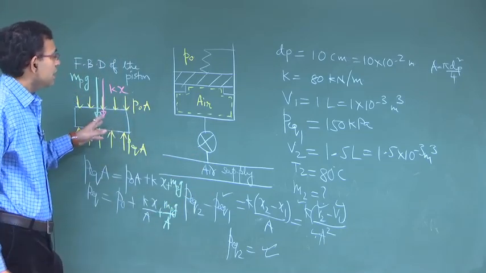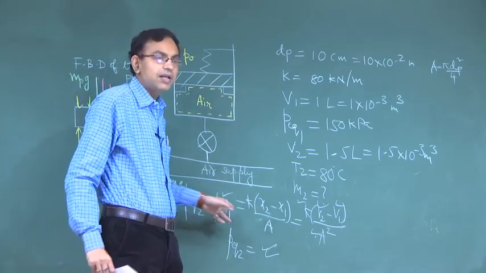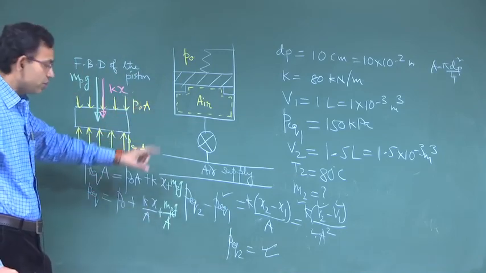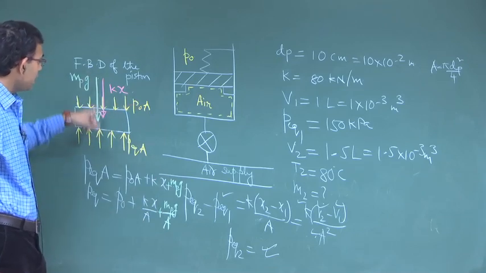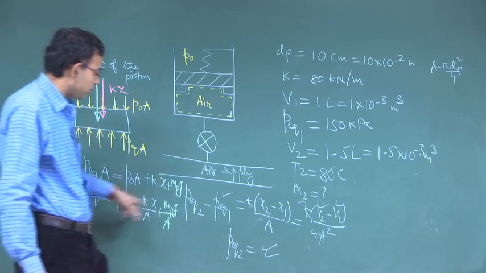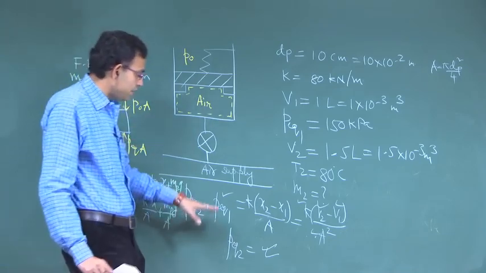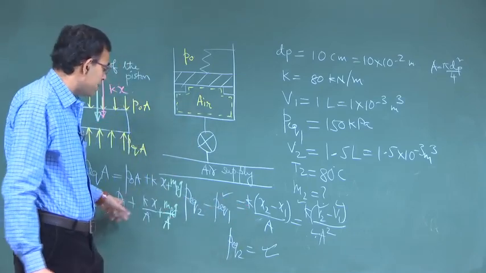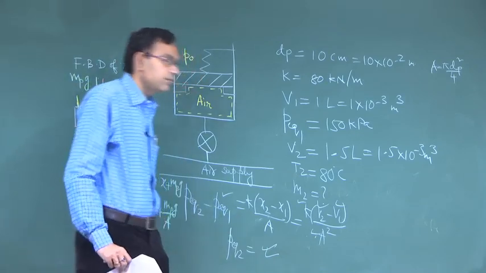Whatever is the weight of the piston, it will not matter if you find the difference in pressure. Ideally you are correct, you should consider the weight of the piston. Somehow I omitted that in the free body diagram, but it is very easy and straightforward to include the weight of the piston. So, if you include the weight of the piston, you have an additional term, but this P0 plus mg by A gets cancelled out. So, you will get P equilibrium 2.